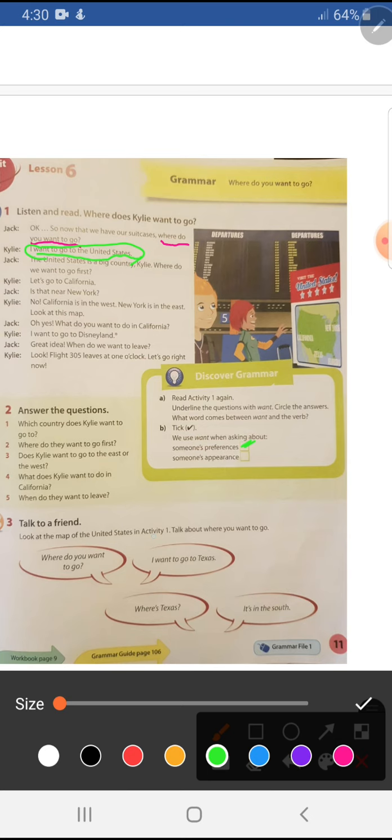And I asked you to finish your homework, section A here in Discover Grammar: underline the questions with want and circle the answers, and what word comes between want and the verb.